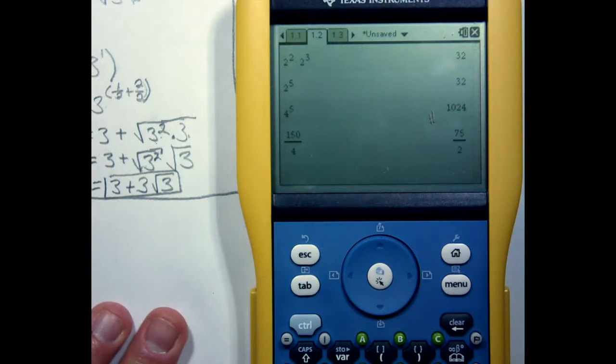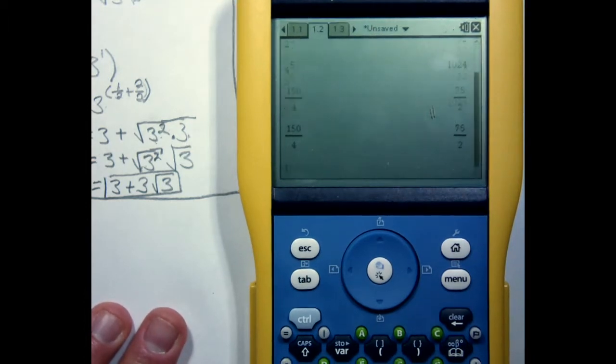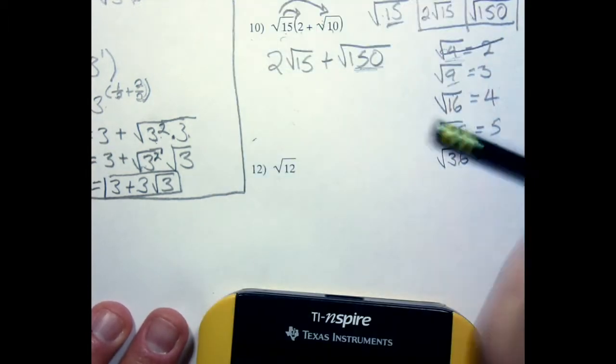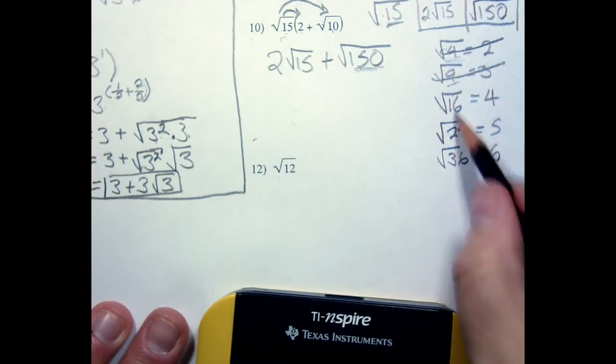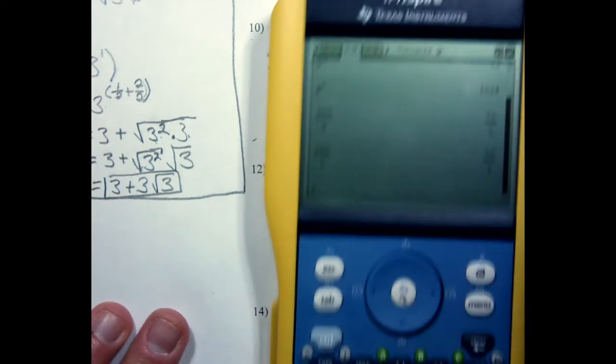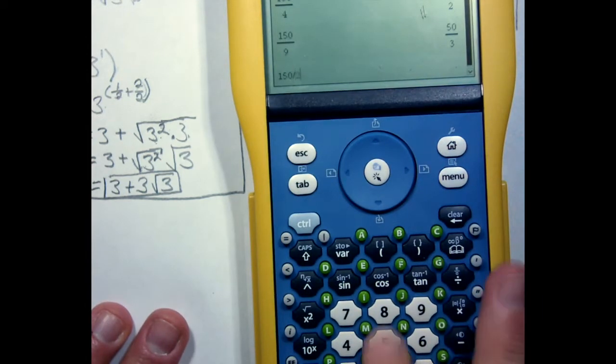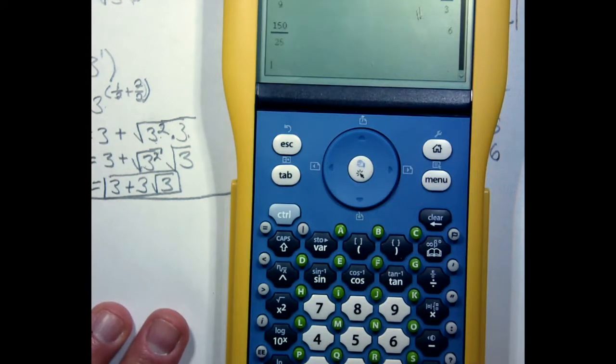If I say 150 divided by 9, I get a fraction, so this one won't work. 16 won't work, but 25 does. So if I say 150 divided by 25, it goes into it 6 times. Now what that's saying is that 6 times 25 is equal to 150.